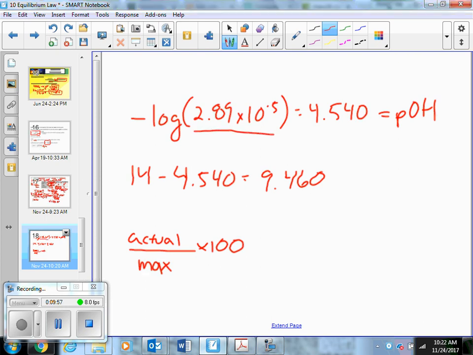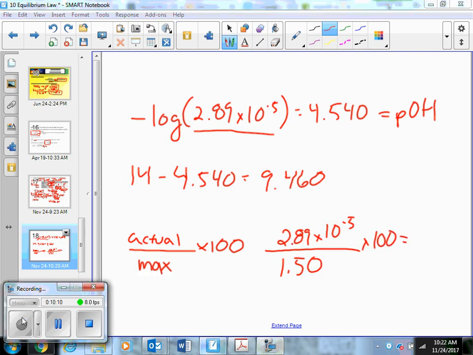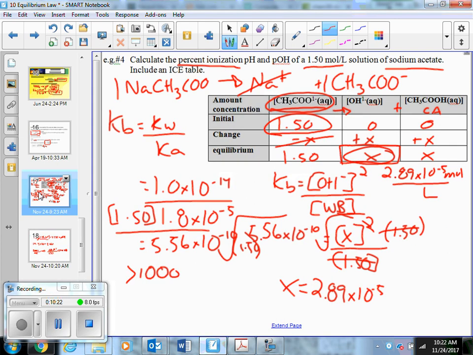So my concentration of hydroxide is 2.89 times 10 to the minus 5 divided by a maximum total of 1.5 mole per liter times 100, and we get 0.0019%. So it's actually a very small number that actually reacted with the water. Most of it just remains in this form, in the acetate ion.